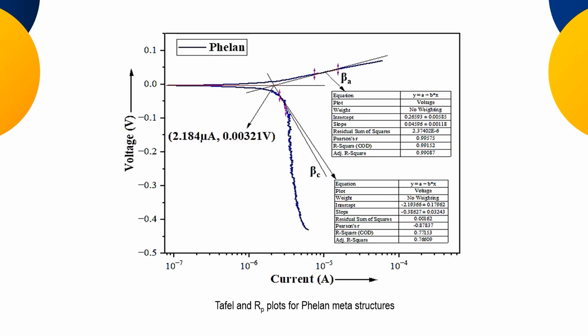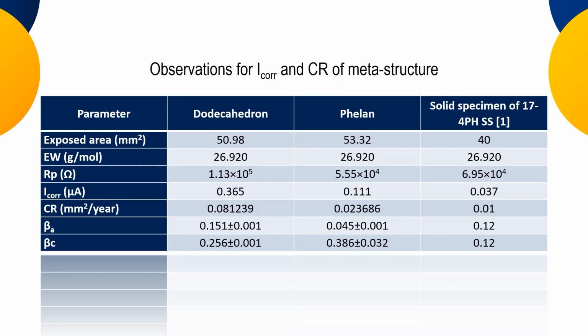Now this is the comparison. You can see that when I am using a dodecahedron as a metastructure, I am getting an exposed area of 50.98 mm². When I am using the other structure, I am getting a higher exposure area, and when it is a solid one, the exposure area was something like 40. So the polarization resistance, corrosion rate, corrosion current, beta anode and beta cathode are all available to me now.